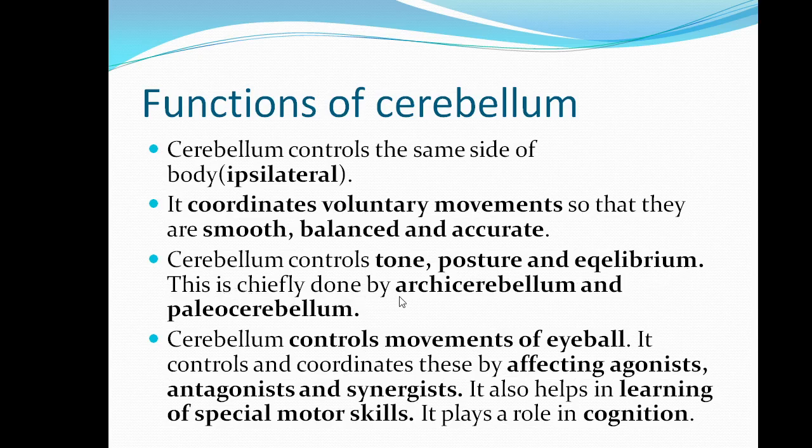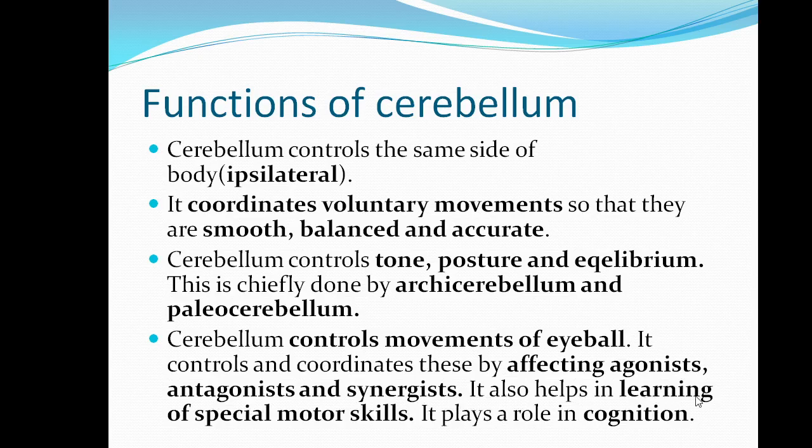This is chiefly done by the archicerebellum and paleocerebellum. The cerebellum controls movements of the eyeball. It controls and coordinates these movements by affecting the agonist, antagonist, and synergistic muscles.